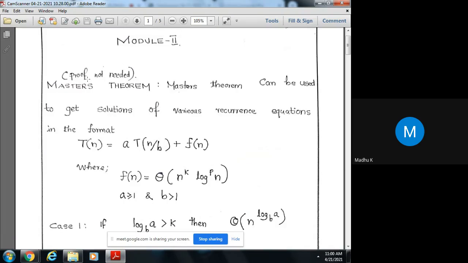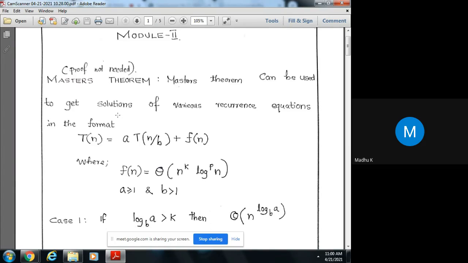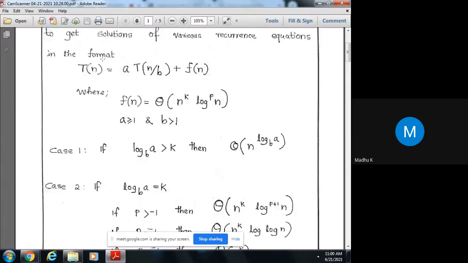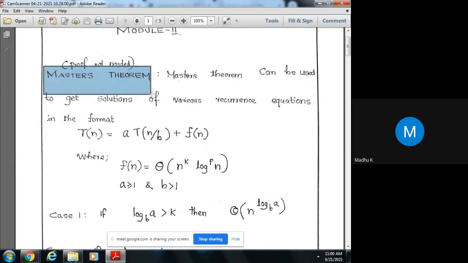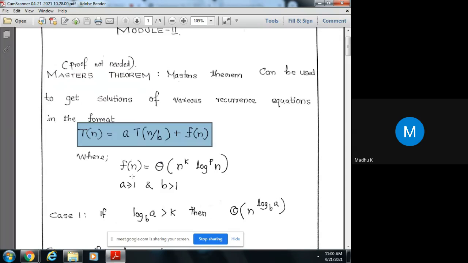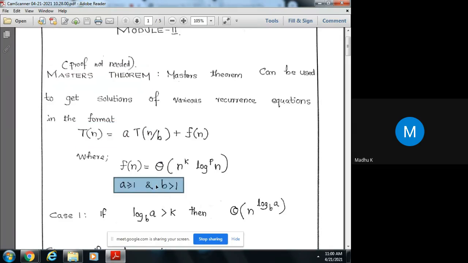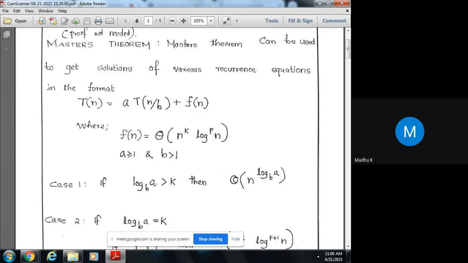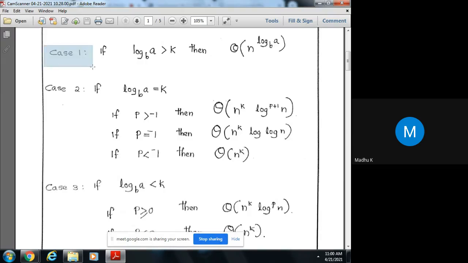So this is the master theorem, and next we want to do some examples. We discussed what the master theorem is. The master theorem is used to solve recurrence relations of this type if this condition is satisfied. The method is we check these three conditions.